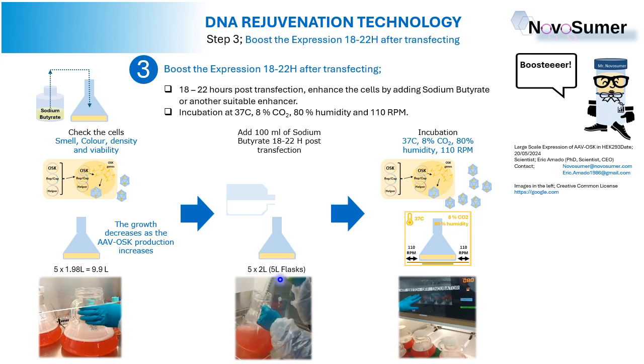We can use a pipette boy, as you can see here, to transfer the 100 milliliters. So this is basically the step, just adding 100 milliliters of sodium butyrate. Okay, once we add the sodium butyrate, we return the culture to the incubation chamber. And remember, we will incubate at 37 Celsius degrees, 8% of CO2, 80% of humidity, and 110 RPMs.